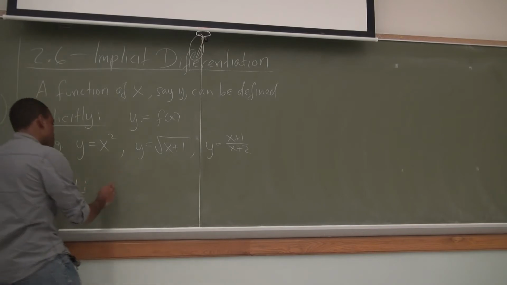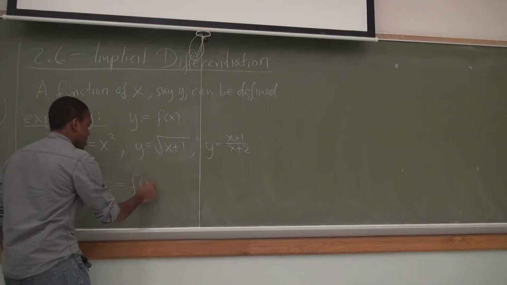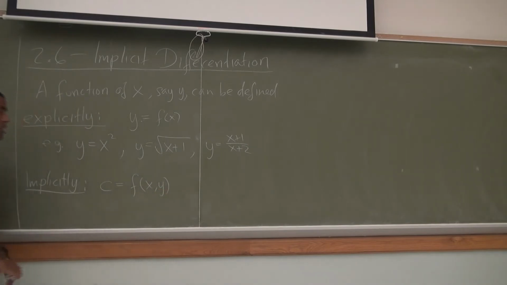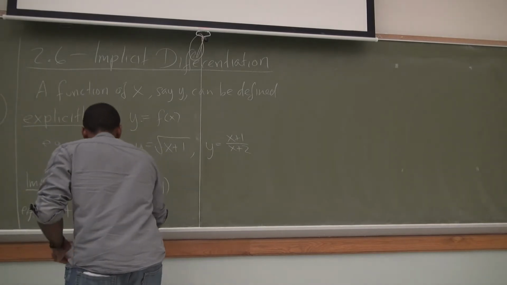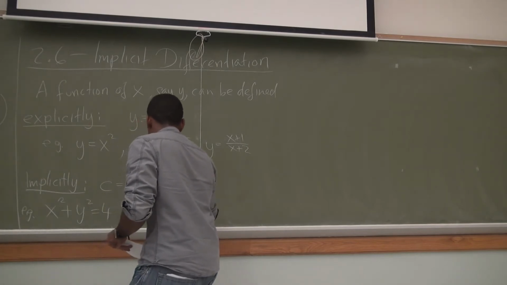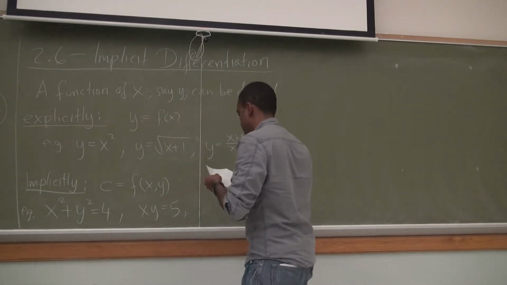This means it looks something like the y's and the x's are mixed together. You can't really separate them. For example, circles are defined implicitly. Or xy equals 5 is defined implicitly.